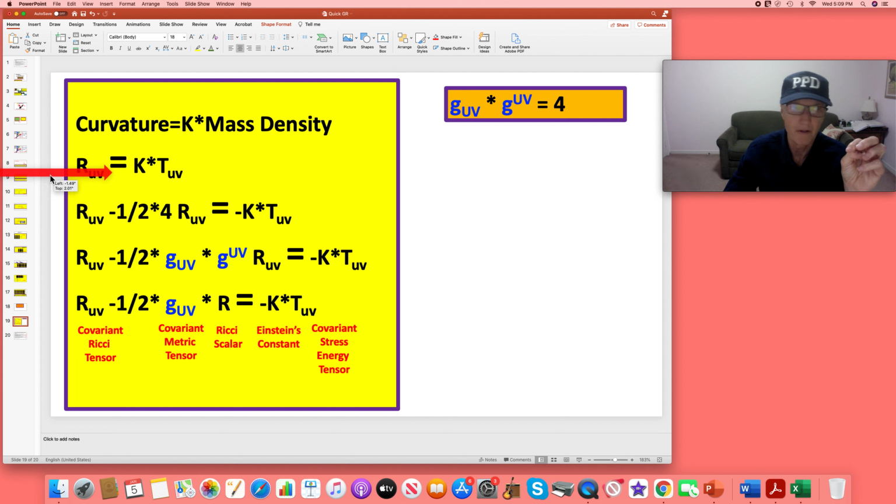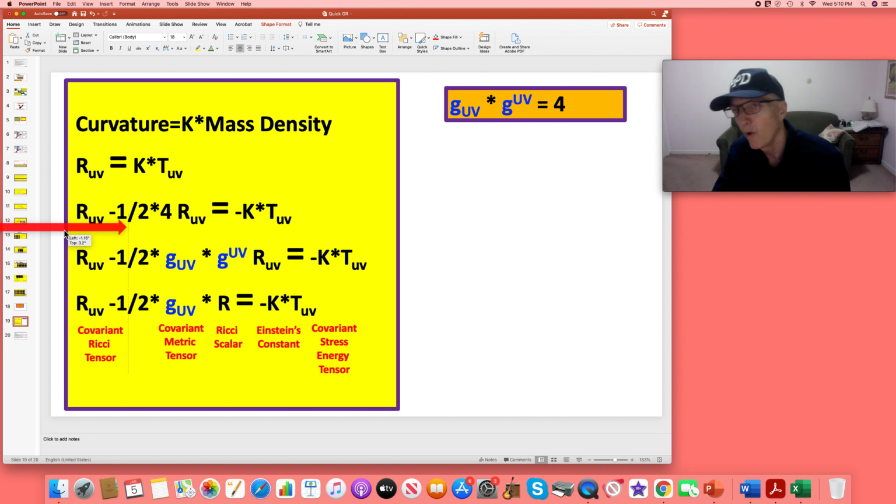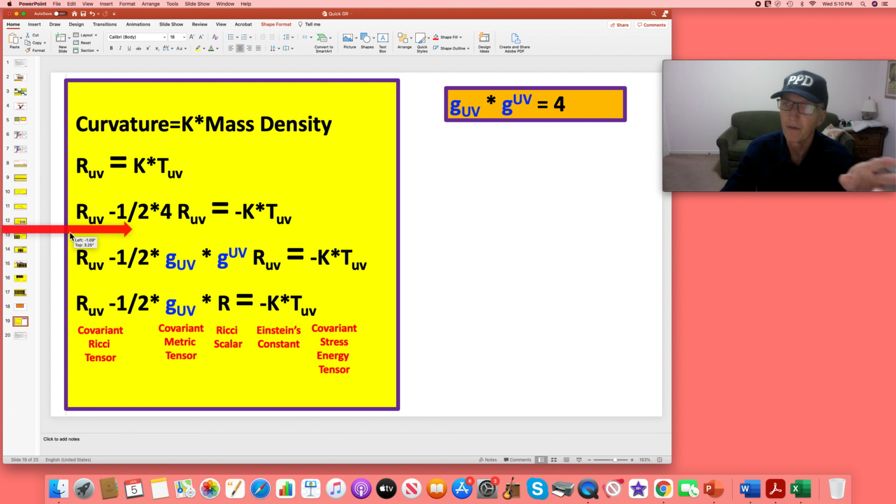If you have R subscript UV is equal to K times T subscript UV, now that means that if you have R subscript UV minus 1/2 times 4, which means minus 2, think about it. What's 1/2 times 4? It's equal to 2. Okay, great. Now what's minus 1/2 times 4? It's equal to minus 2, okay? Any doubts about that? Simple things like that can really buzz your mind. So minus 1/2 times 4 is minus 2 R subscript UV.